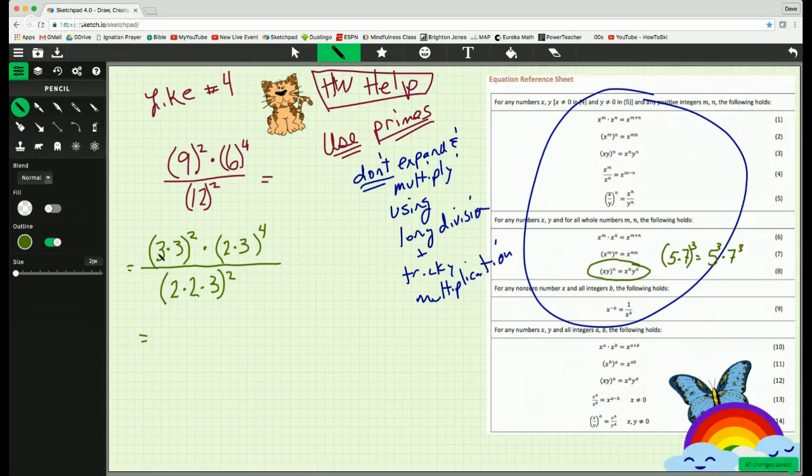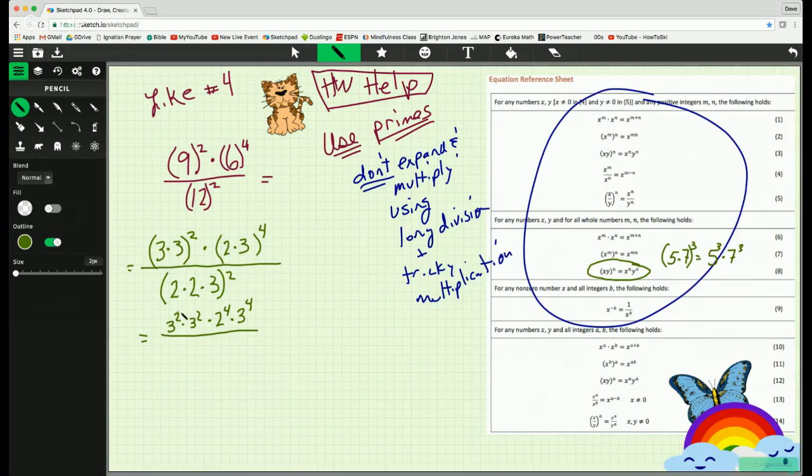So here, 3 times 3 to the 2nd power is the same thing as 3 to the 2nd power times 3 to the 2nd power. Likewise, 2 times 3 to the 4th power is 2 to the 4th power times 3 to the 4th power.